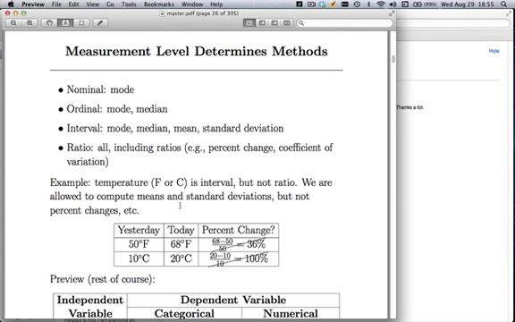All right, so why is this interval but not ratio? Well, in the case of both Celsius and Fahrenheit, the value 0 does not mean nothing. In Celsius, 0 just means the freezing point of water. It doesn't mean that there is no temperature. In Fahrenheit, 0 just means really cold, but doesn't mean that it can't get colder than really cold.